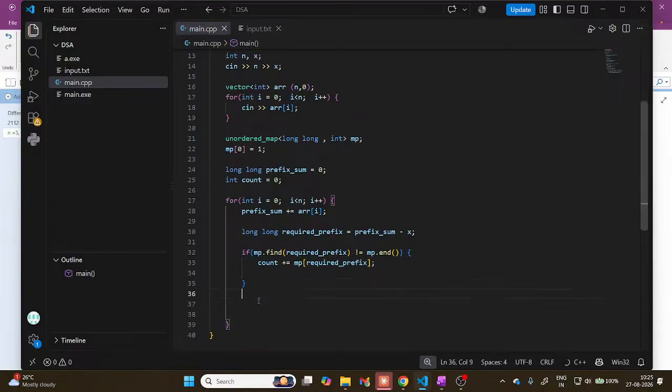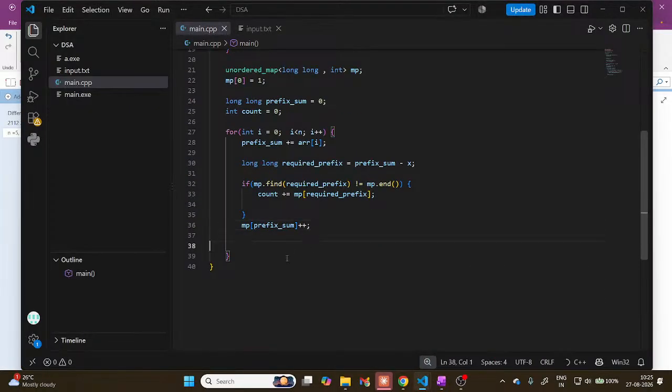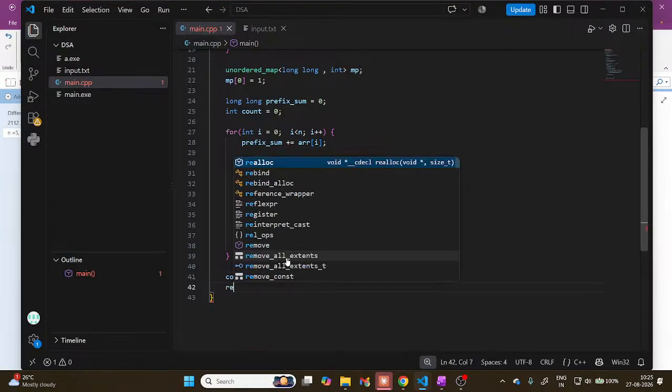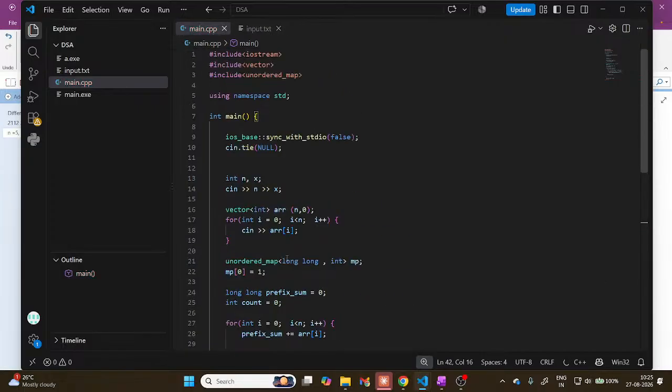And what we will do is map of prefix sum plus plus. We have to count that, and after that we can print out our count, like this. I think it should work.